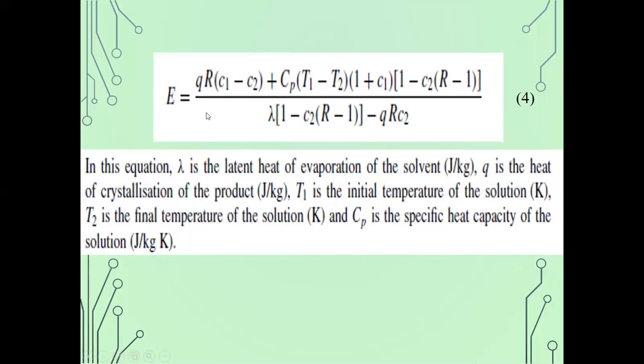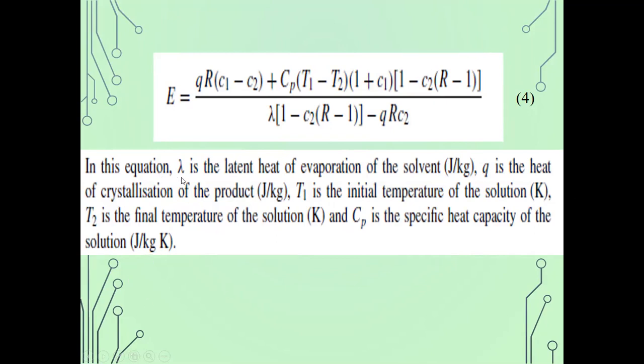So you only have to worry about this formula if it is not stipulated in the problem. What is this E? Actually, it's easy: solvent evaporated over solvent initially present. But if it's not given, you have to know how to determine it, and it has this very long formula.